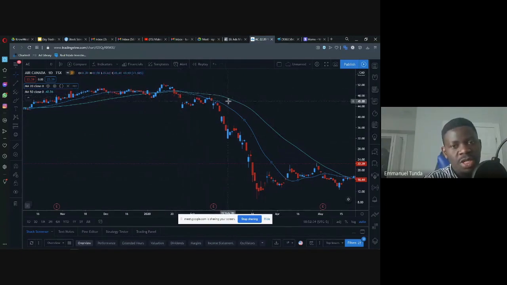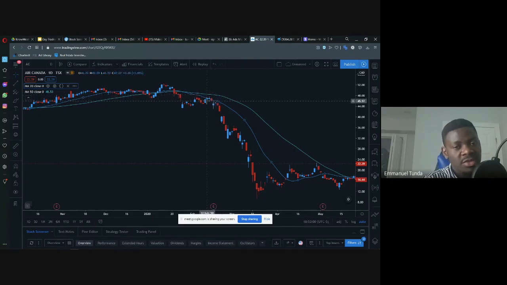And then in March, or in February actually, Air Canada crashed down, boom, boom, boom, all the way down. So if you're using this strategy, this indicator, the moving average, it should definitely help you a lot. When you are just looking at your stock, you see how the price is moving with the moving average.